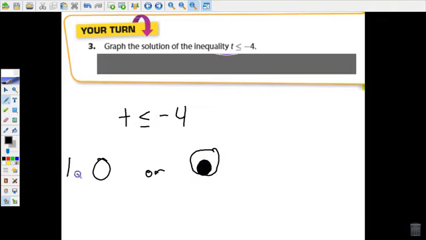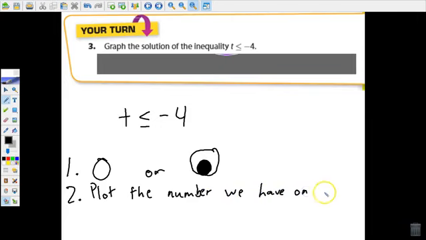Step 2, plot the number we have on the line. And then shade left or right.